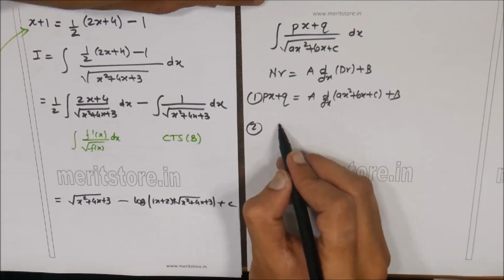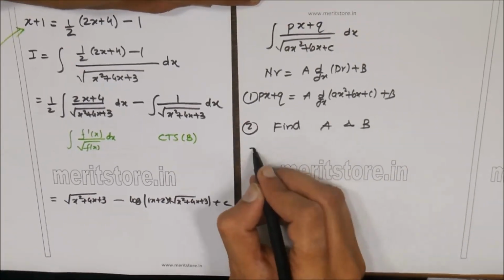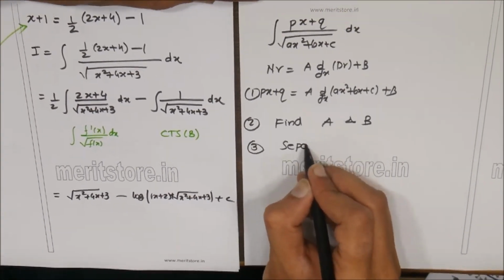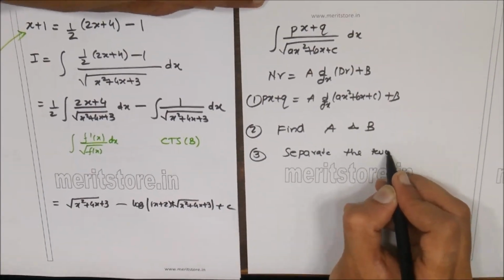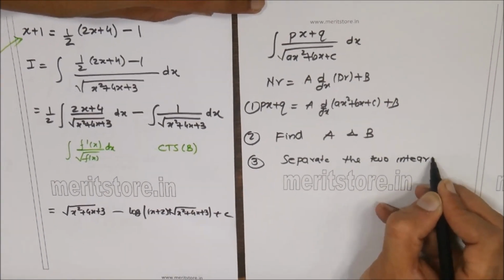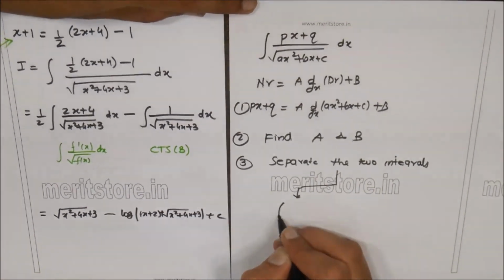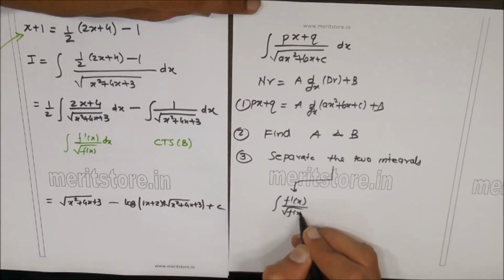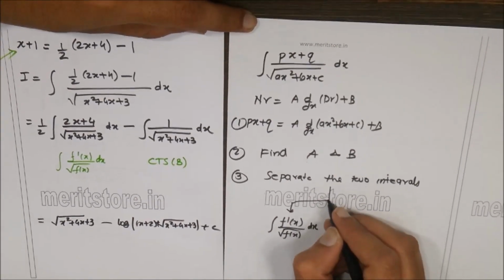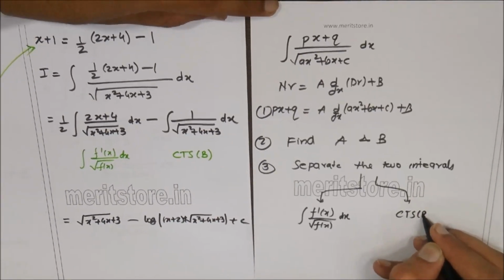Step 2, we are going to find a and b. Step 3, separate the two integrals, and always the first part of the integral would convert to the category of f dash of x upon root of f of x, and the second integral will always convert to CTS type B.